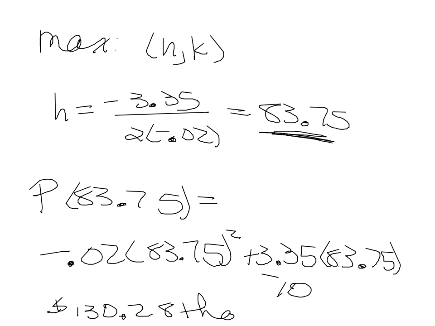So that's dollars, so that would be $130,000. Okay, one last question. So the maximum profit is going to be $130,000, and we're going to sell 83,000 bouncing balls. The last question is, what is the price we should set to maximize our profit?